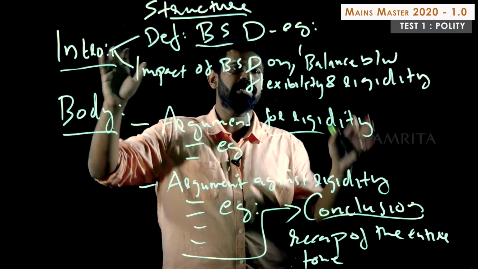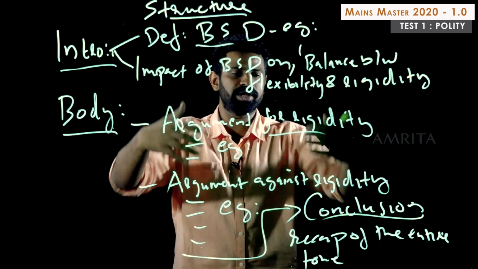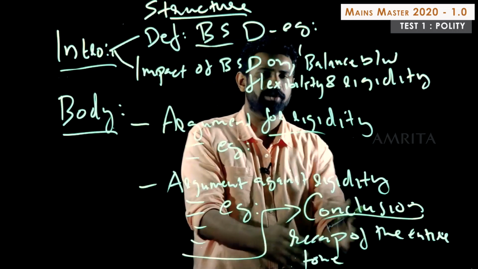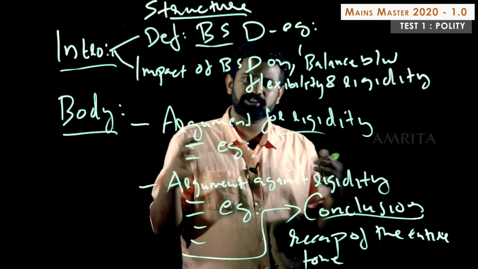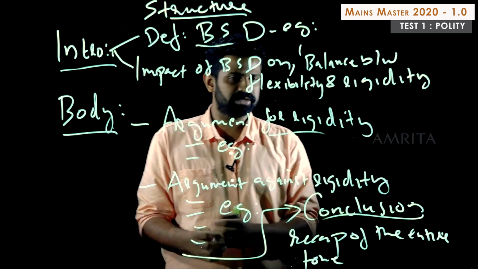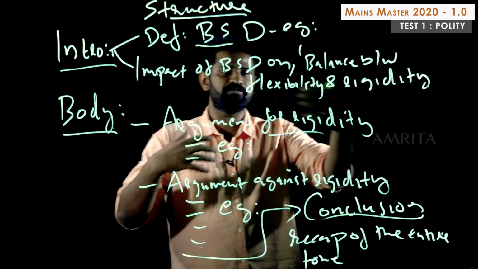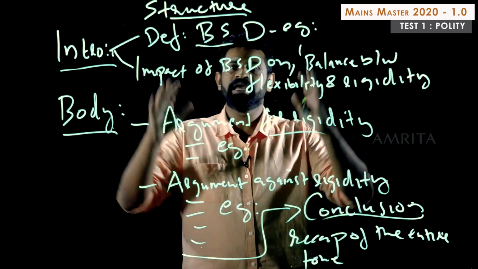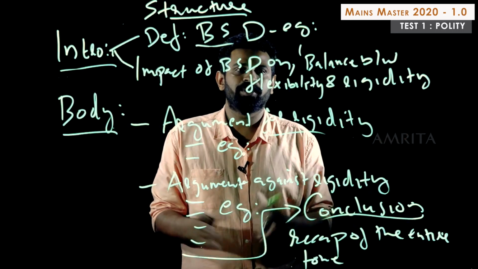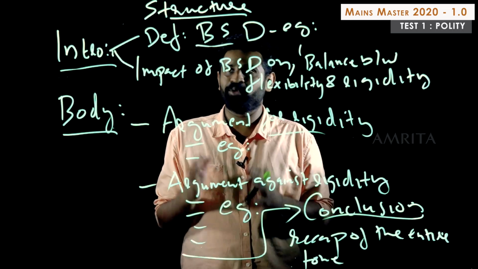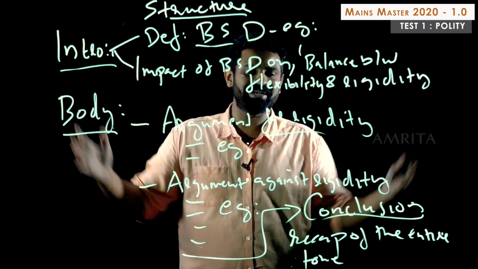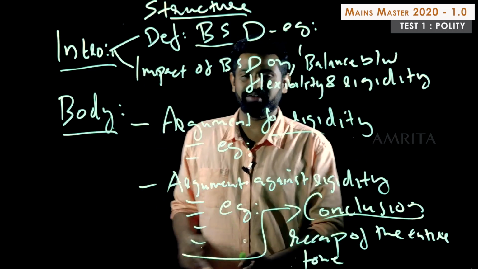You give the introduction, you say the gist, then you give 2 arguments with examples, and in the conclusion you are again reiterating the same point. So the examiner feels like it is a strongly argued answer, right? With enough examples, enough points to justify your arguments. It's all there, right? So there is no other way to guarantee you the maximum possible mark, provided you present it in a much better way than the messy handwriting I have.